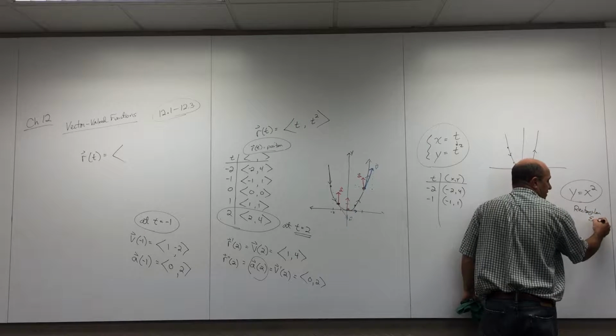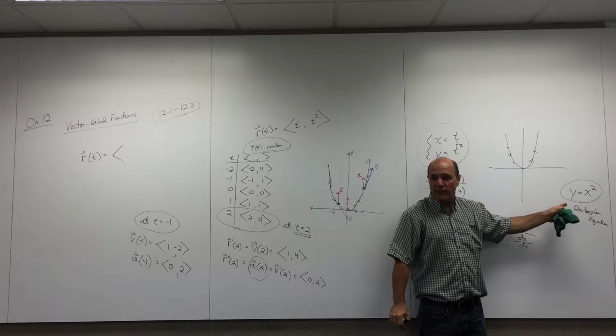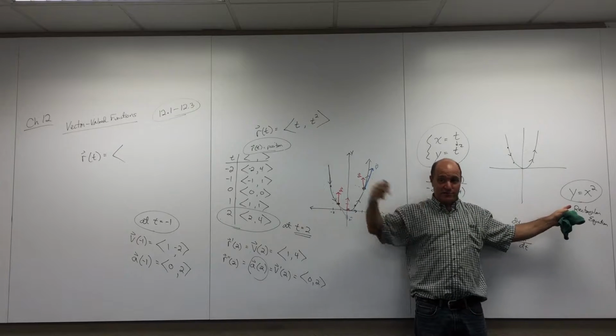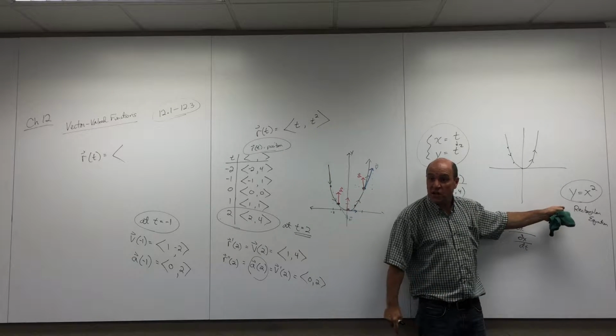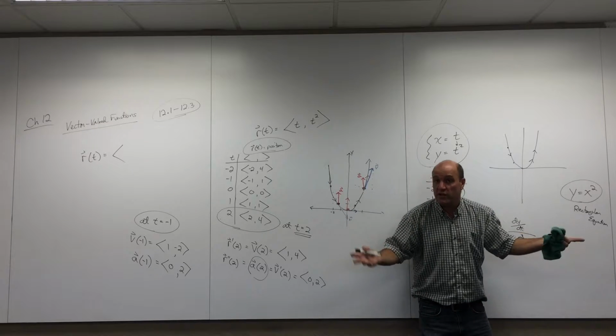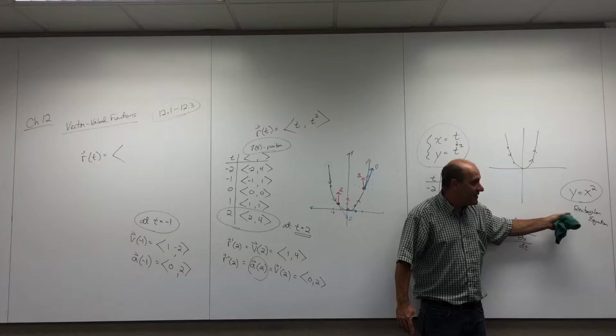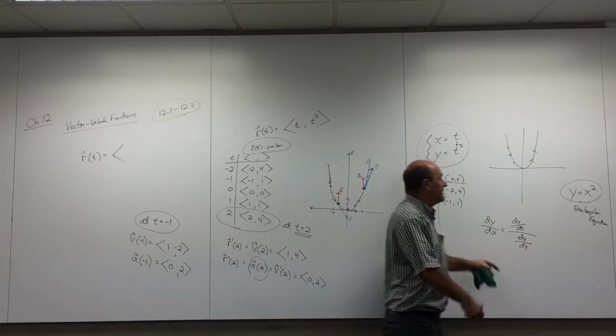You may never even have used this language before. This is just the way you always talked your whole life before you learned about parametric equations and vector valued functions. You always talked like this, rectangular equations using rectangular coordinates, y's and x's. Anyway, it's just a parabola.